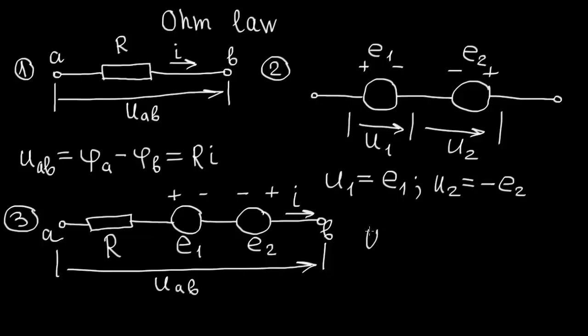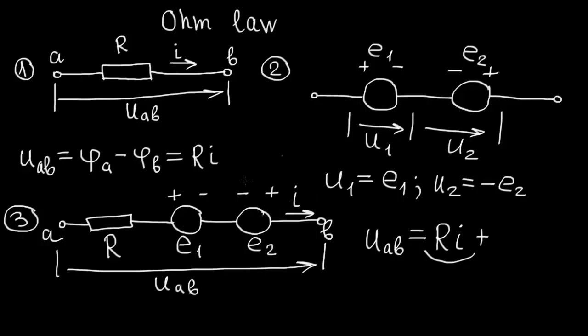And now let's write down this voltage. This voltage consists of two components. The first component is defined by passive elements, namely only by this resistor, and equals, like in the first case, R times I. The second component is defined by these sources.